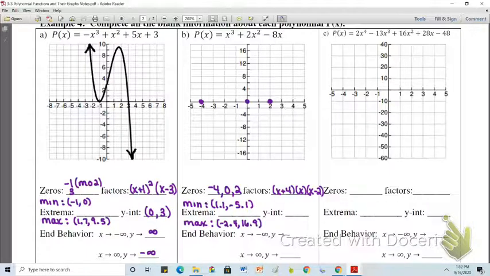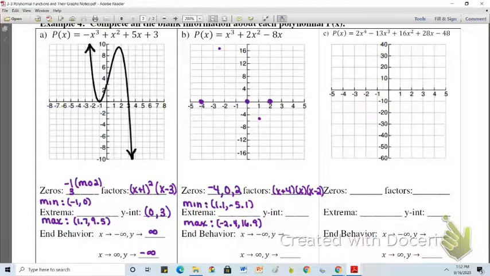And those are just going to be estimates since they are decimals, we just try to get as close to it as where we would think it would be. 1.1 and -5.1, somewhere around there. And -2.4 and 16.9.